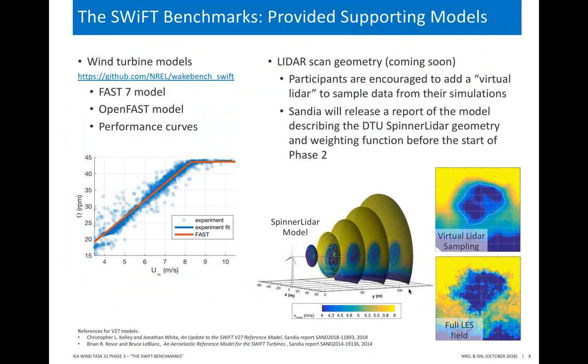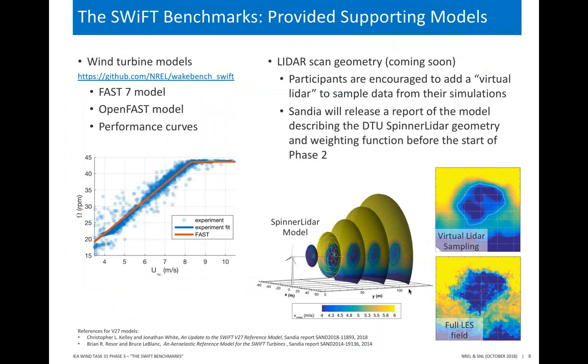The supporting models that we're going to provide are the wind turbine models. We have a GitHub repository set up for this benchmark, and all of the code and the models that you're going to use can be found there.